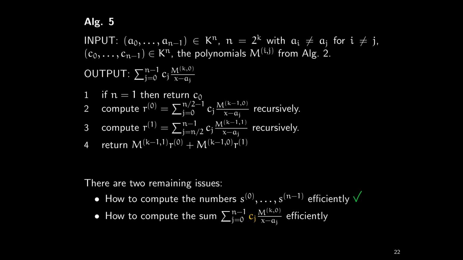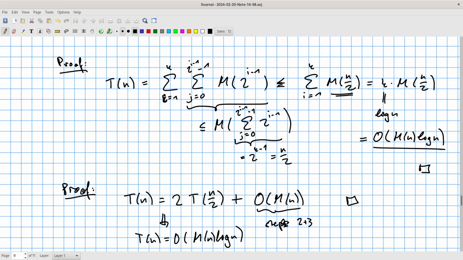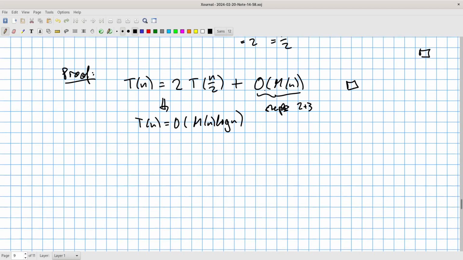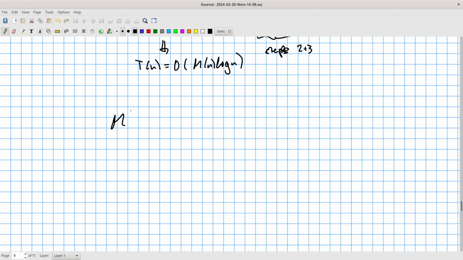And now I use that m_{k,0} is m_{k-1,0} times m_{k-1,1}. So this is the product of all of them. This is the product of the first half, and this is the product of the second half.